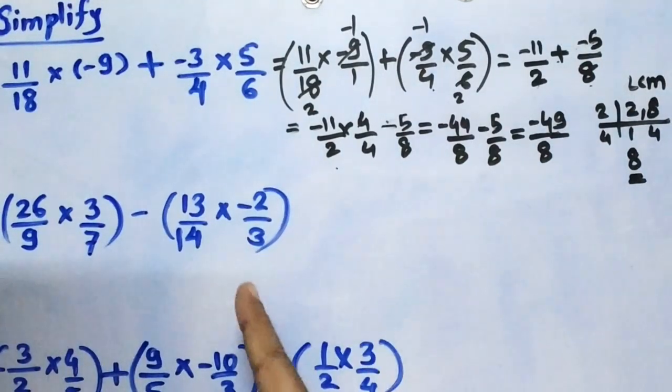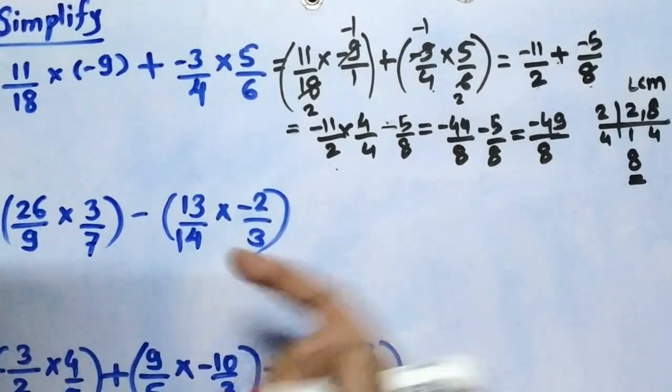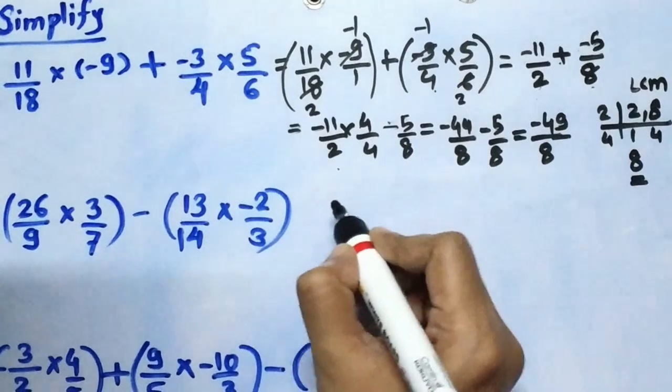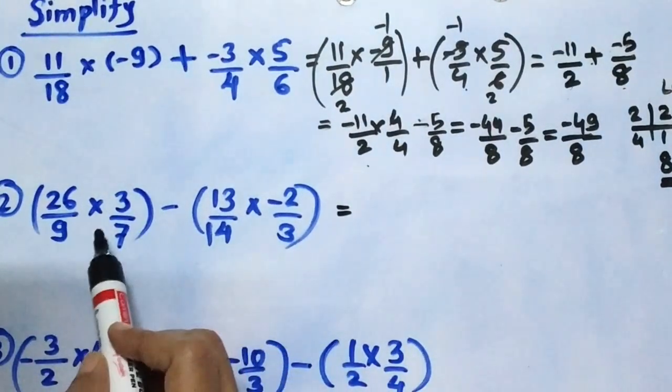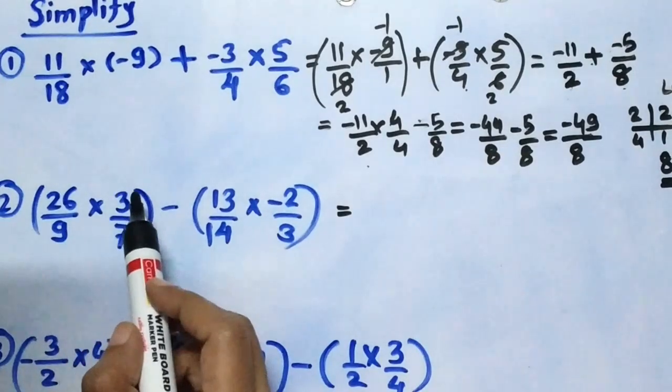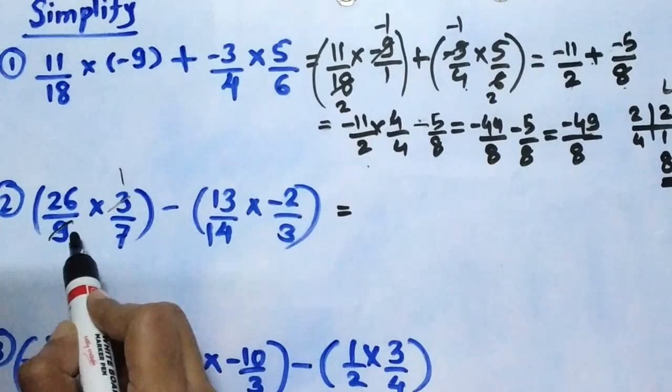Next friends, you need to go for this multiplication, this first bracket, then we'll solve this bracket. So here if you observe in this bracket, you can divide them. Here 3 and 9, 3 ones are 3 you can take, 3 threes are 9 you can take.